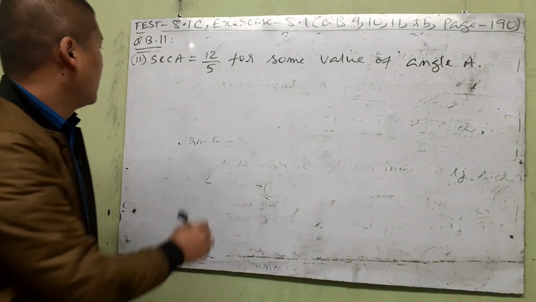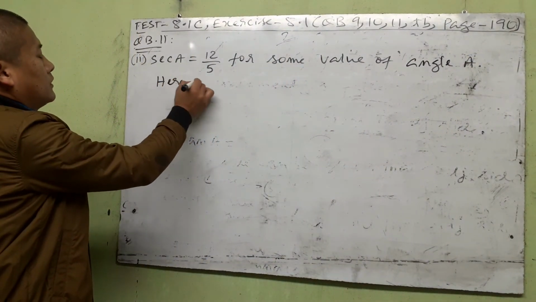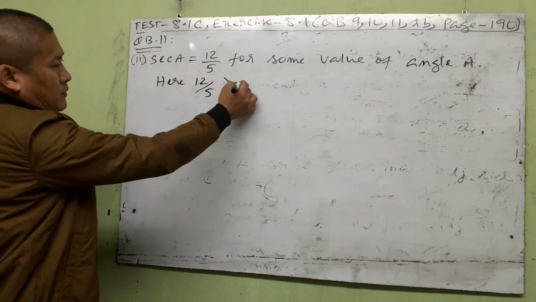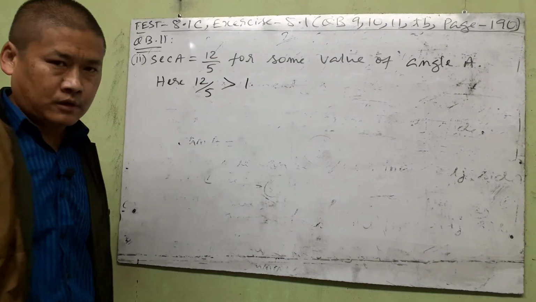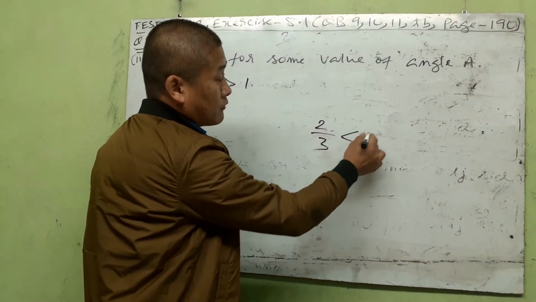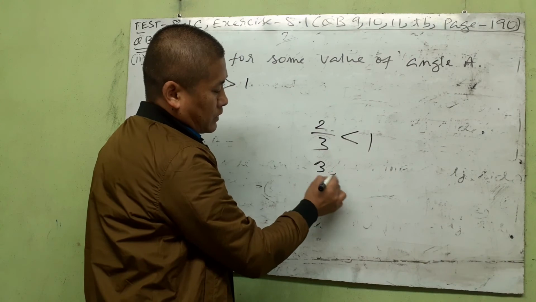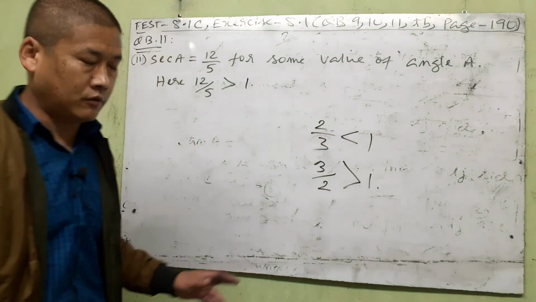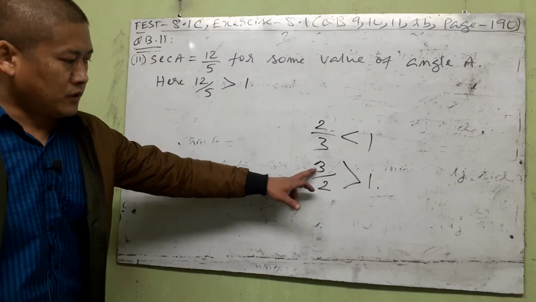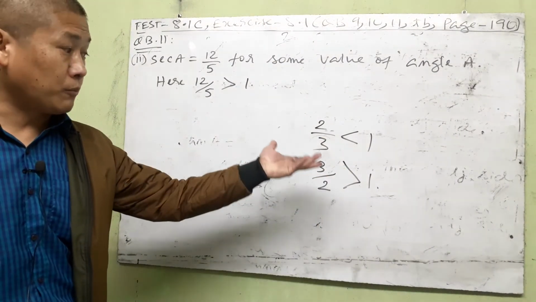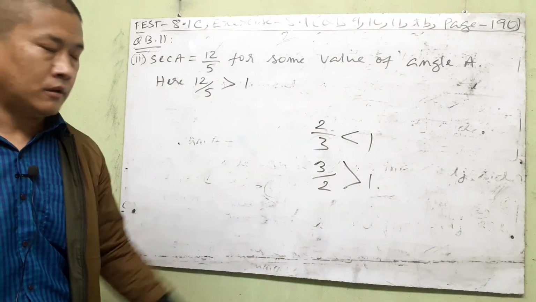Let us see. Here very clearly we see 12 by 5, numerator bigger than denominator, means greater than 1, right? Numerator smaller than denominator is less than 1. Numerator bigger than denominator is always greater than 1. Keep that in mind. Whenever the numerator is greater than the denominator, when you divide, the value will come out greater than 1, like 1.5623.